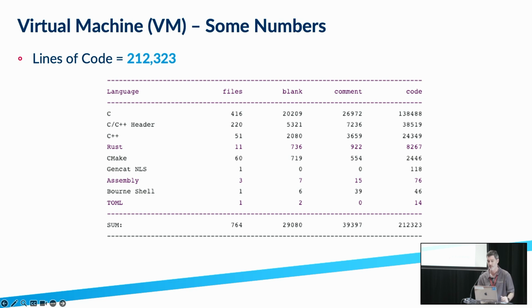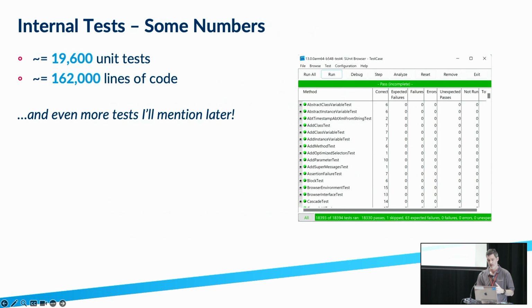We have tests for the VM as well. And then, if we now go to the tests, as I will explain later, we have multiple types of tests, but just the unit tests, we have a test suite of around 20,000 unit tests, which means another 100,000 lines of code.